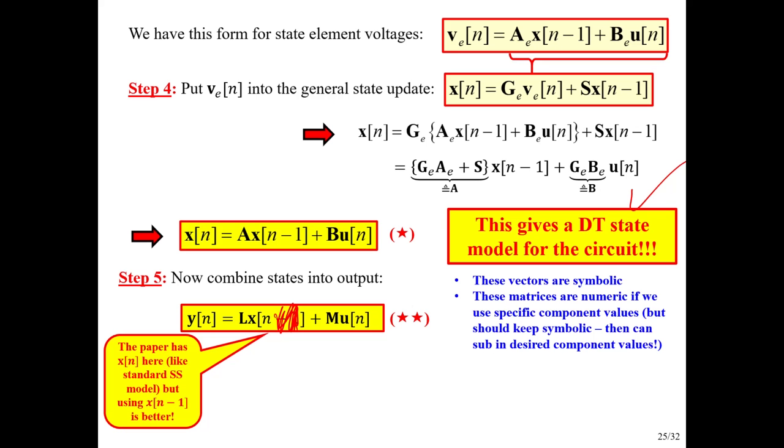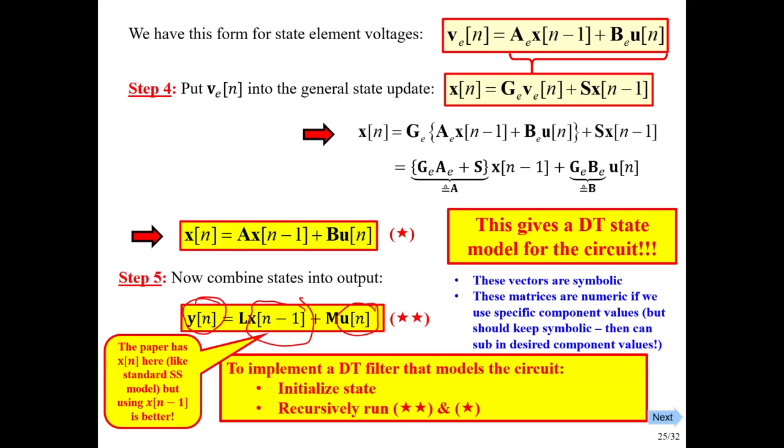It's just more complicated. I prefer to write it out as I'm combining the previous state and the current input into my current output. And I'll show you why when we get to the example, or at some other point where that'll be more obvious. So now we're done.